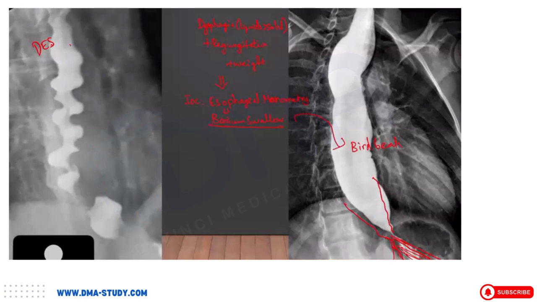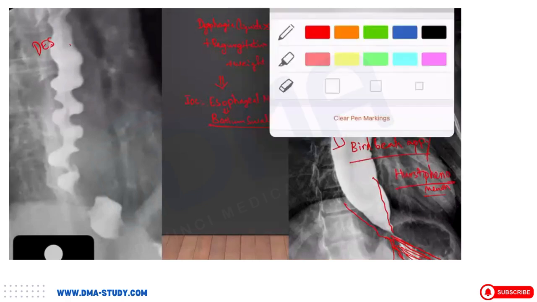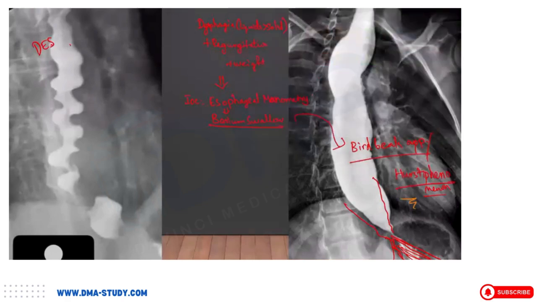So you see the beak and then you see the blowing of the beak. That's the Hurst phenomenon. Barium swallow shows a bird beak appearance.